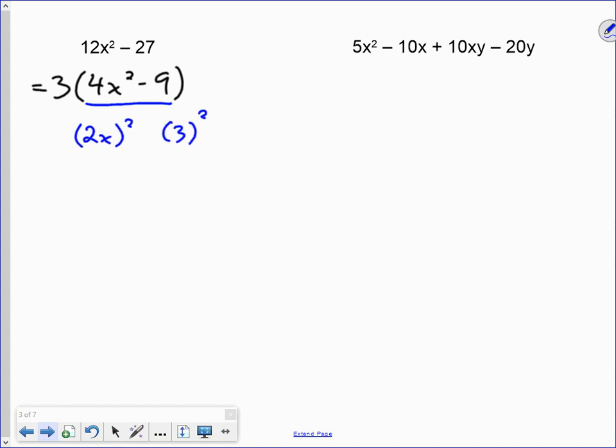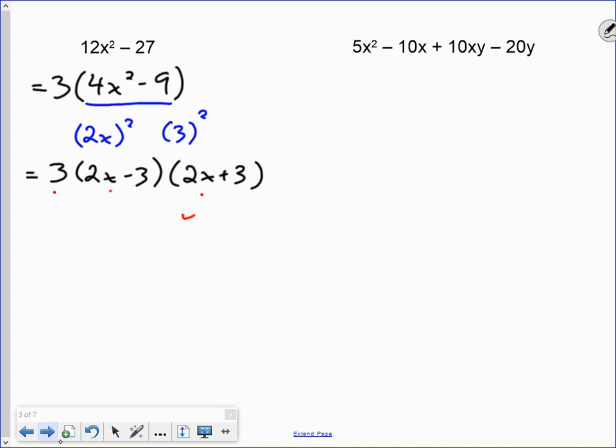So certainly this is a difference of squares. If I factor that as a difference of squares, it'll be (2x minus 3)(2x plus 3). The 3 that we factored out earlier is still there. So this would be our fully factored form, because we've got this written as something times something times something else. That's as factored as we can get it.